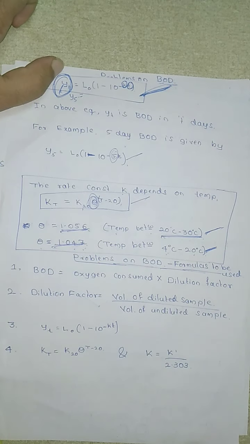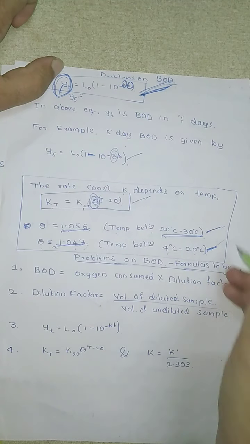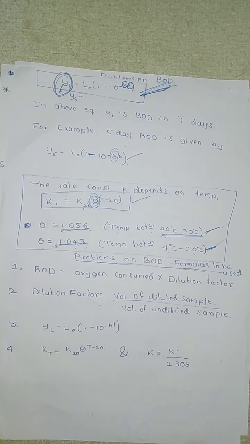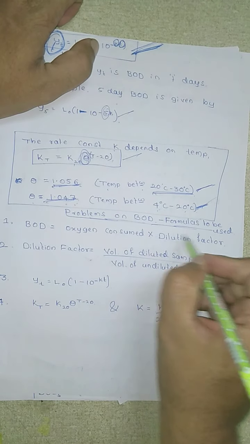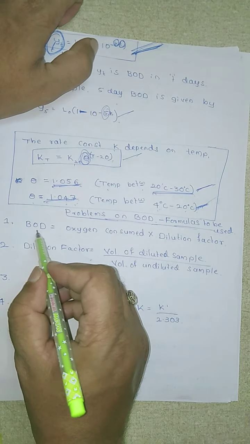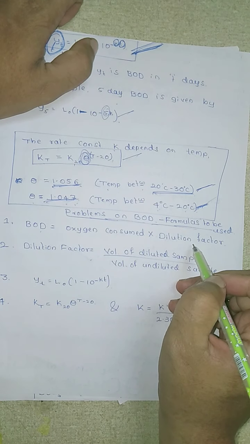Now we will be using this formula along with some more formulas. We will repeat the different formulas that we are going to use when we solve BOD problems. The first formula is BOD is equal to oxygen consumed into the dilution factor.